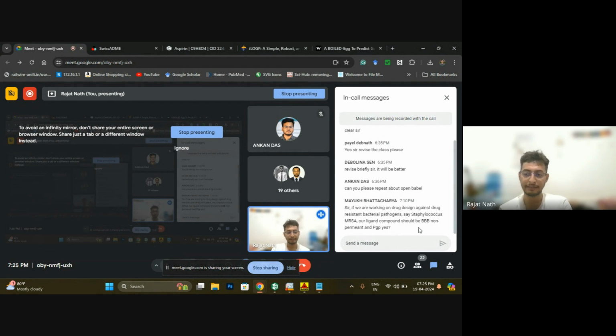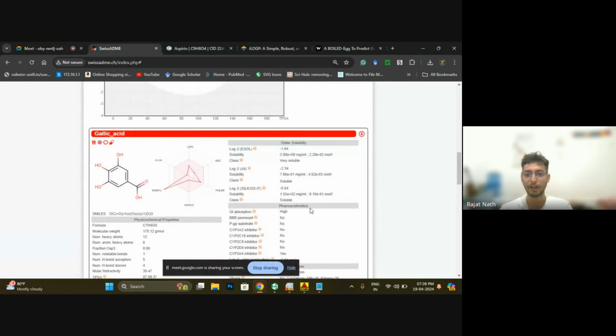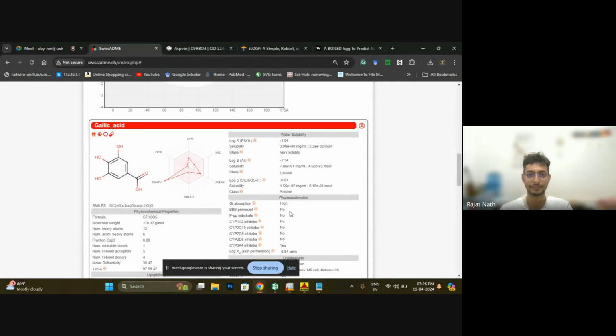It may give other side effects. So it should not be blood-brain barrier permeable. And if it is permeable, the P-glycoprotein should be yes, so it will be effluxed out from the blood-brain barrier. So you can get your answer from this BOILED-Egg, or from this pharmacokinetics table also.